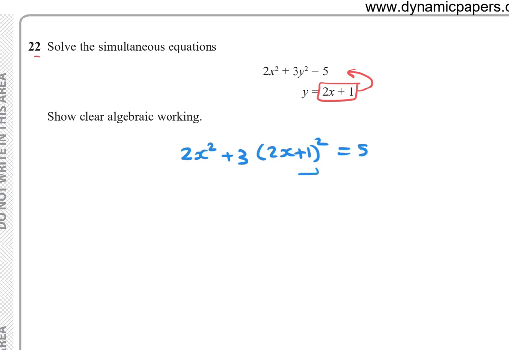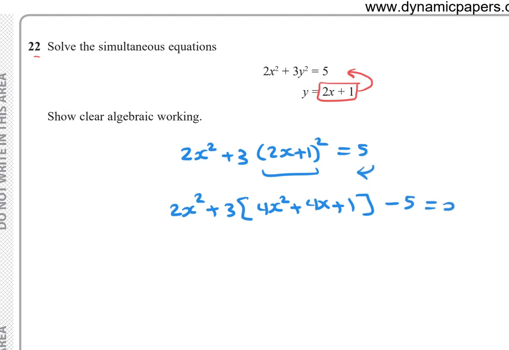Now expand, so 2x squared plus 3 into 4x squared plus 2 times 2x times 1, which is 4x, plus 1 squared, which is 1. And you can transpose 5 to the other side by negative, so minus 5 equals 0.